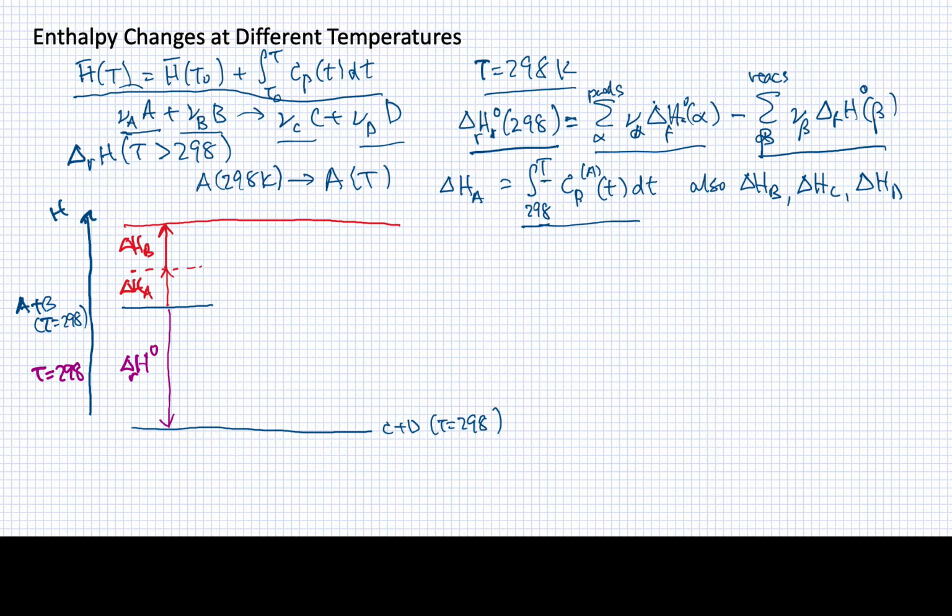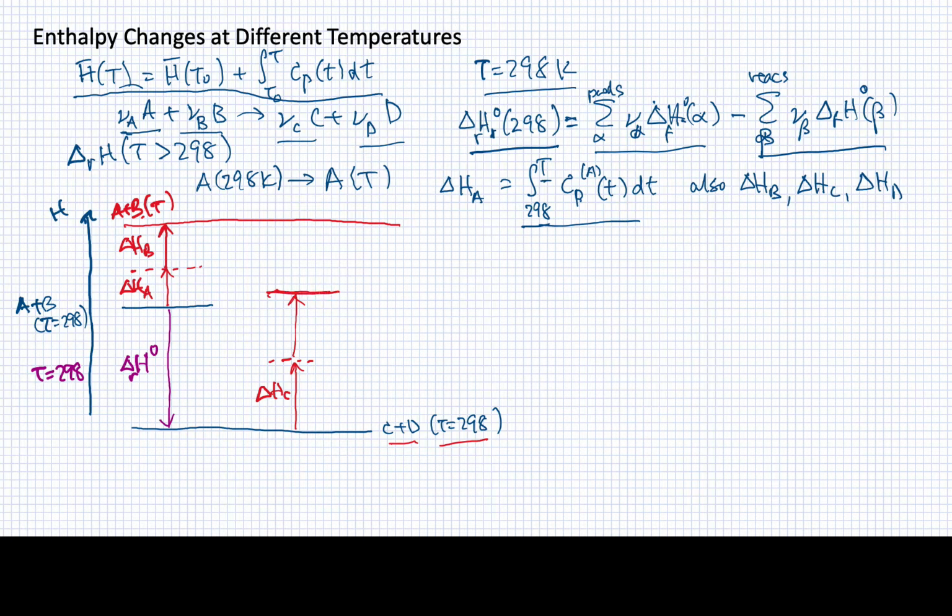So in essence what I have at this top point is A and B at temperature T. That's this top line here. Now what if I do the same for C and D? Down here I've got C and D at a temperature of 298, so now I'll raise them each by some amount. So here's raising C's temperature, and then here is raising D's temperature.